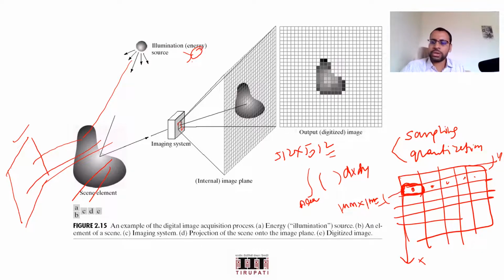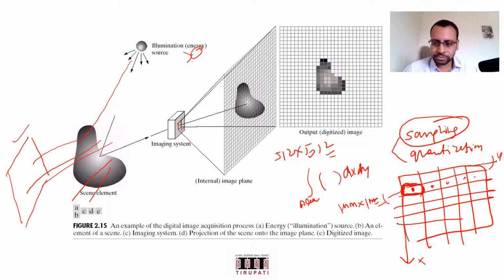That is what gives you the sampling. So when you say an image is of size 512 by 512, it is discretized with 512 values along your x-axis and 512 values along your y-axis. Is that clear? Is sampling clear, what it means in the context of an image?